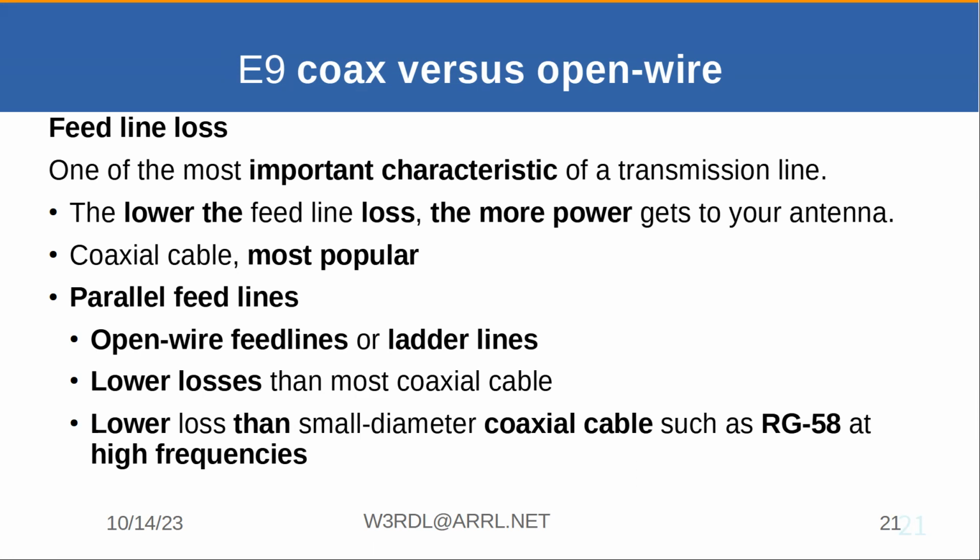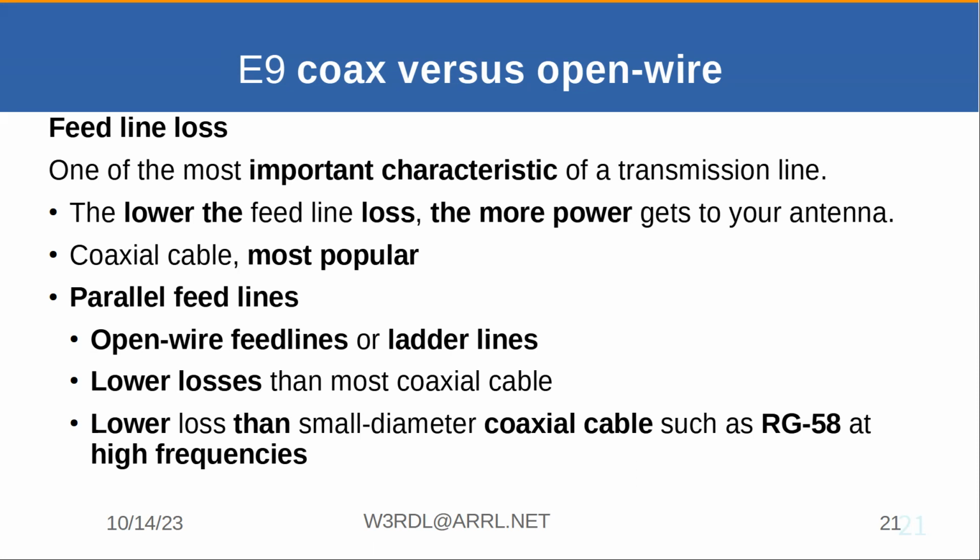All right, feed line loss. Obviously, you want the loss to be minimum because you're going to lose power. The loss is higher the higher the frequency and the longer the feed line is. Coaxial cable has more loss than parallel feed lines, but it's more convenient to use.